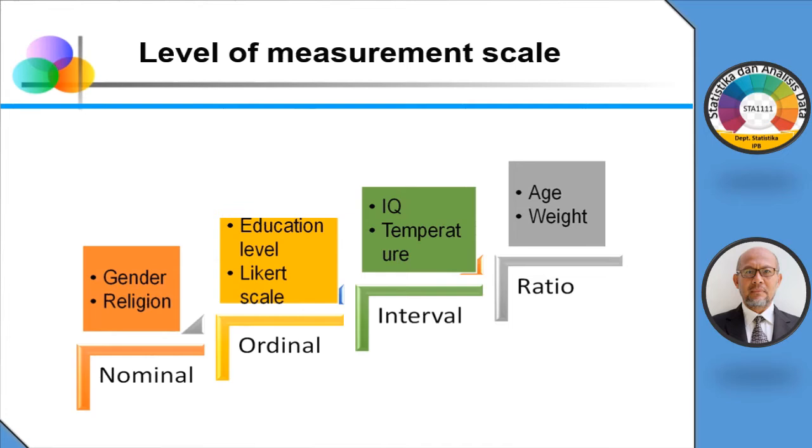Interval scale can describe the interval but doesn't have a meaning as a ratio, for example, IQ, temperature, for example, 70 Celsius degrees does not mean that it is twice as hot as 35.